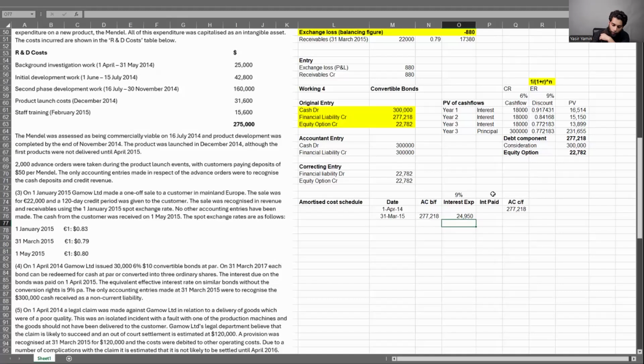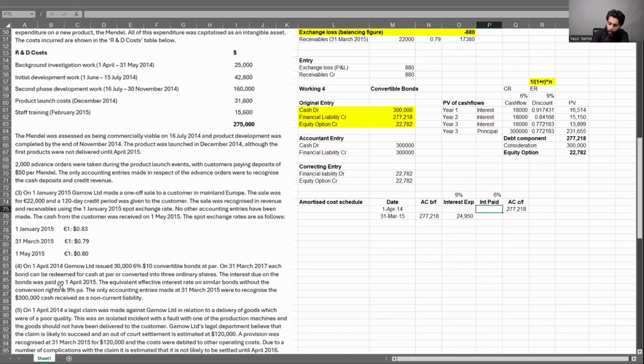Then interest paid should be calculated on 6%. You guys are right. Excellent. But wait. It was written that the interest due on the bond was paid on 1st April 2015.